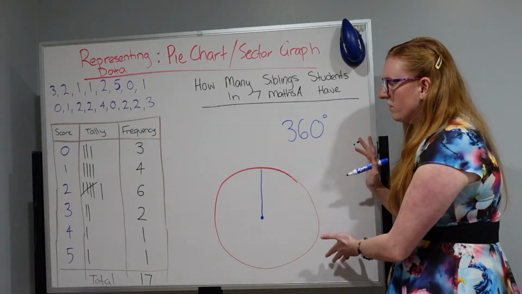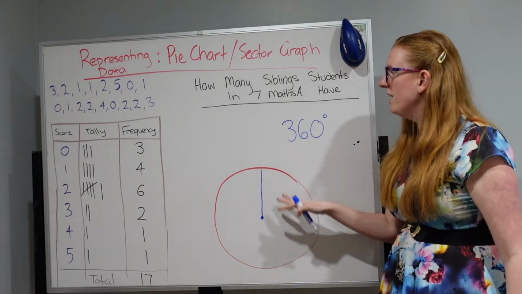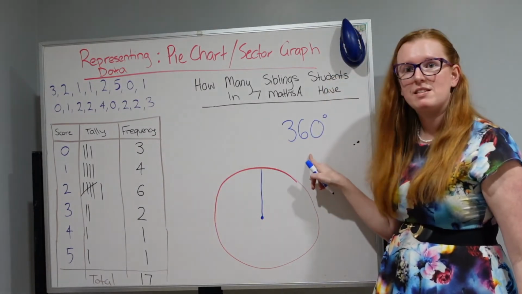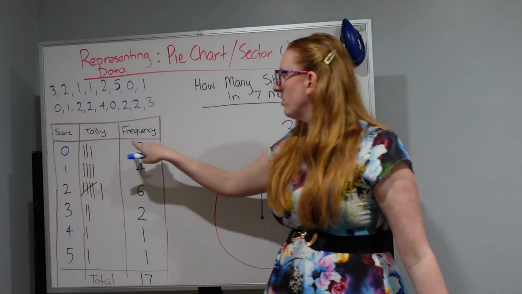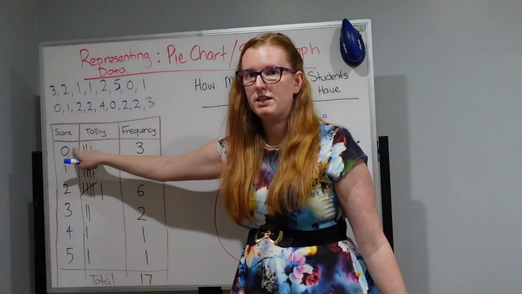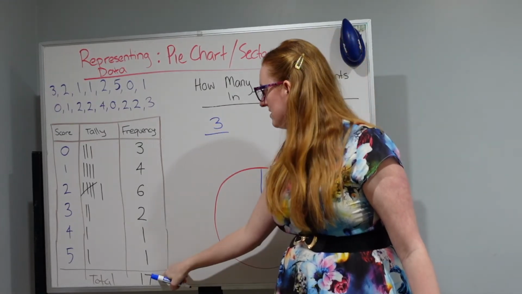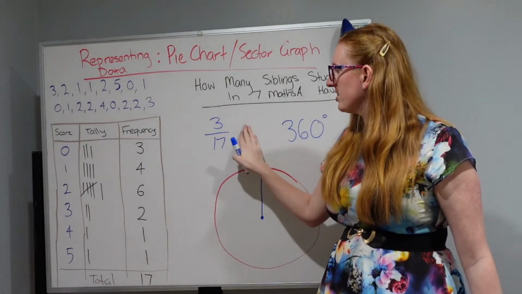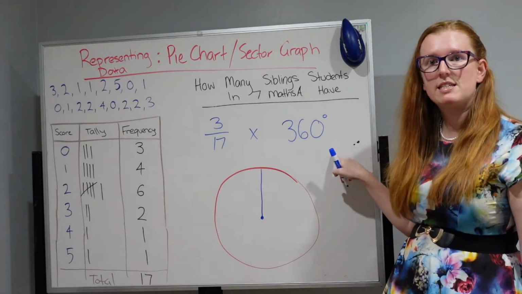Okay, and then in order to calculate how big each of the slices for all of the different options is going to be, you're just going to be multiplying these as a fraction by 360. So for our first one, for 0, 3 students had 0 siblings. So 3 students out of 17. I've written it as a fraction, 3 out of 17, and then I'm timesing it by 360.